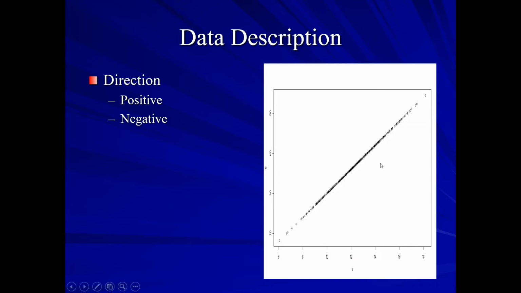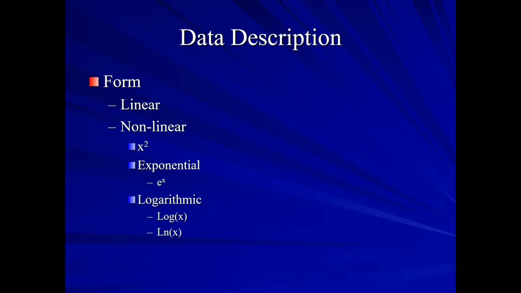Here I've got positive direction. I've got a positive slope, and a positive slope is positive direction. If my slope, on the other hand, were coming down from left to right, then I would have a negative direction. Form. There's linear, there's nonlinear, and these include x squared, exponential, or logarithmic forms.